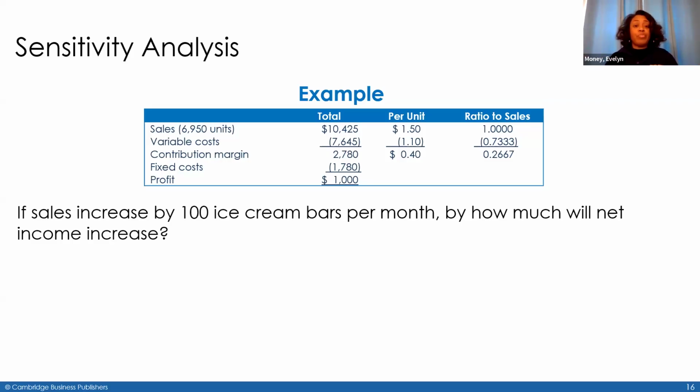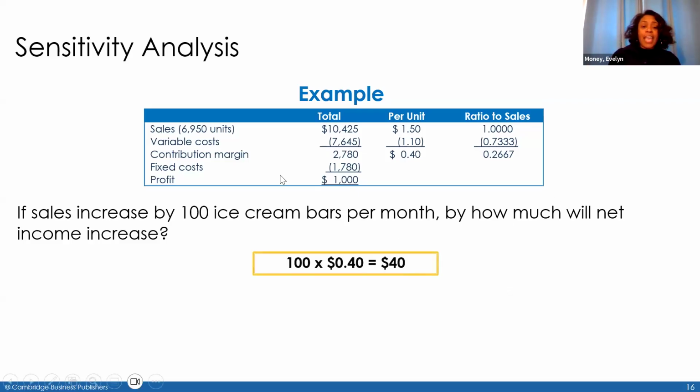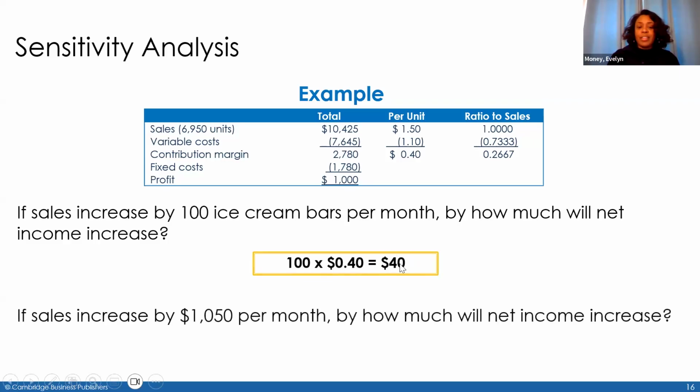That's why the contribution margin per unit helps me determine what my profits will increase by if we had an increase in sales. So if I take the increase and multiply it by the contribution margin per unit, then we get the $40.